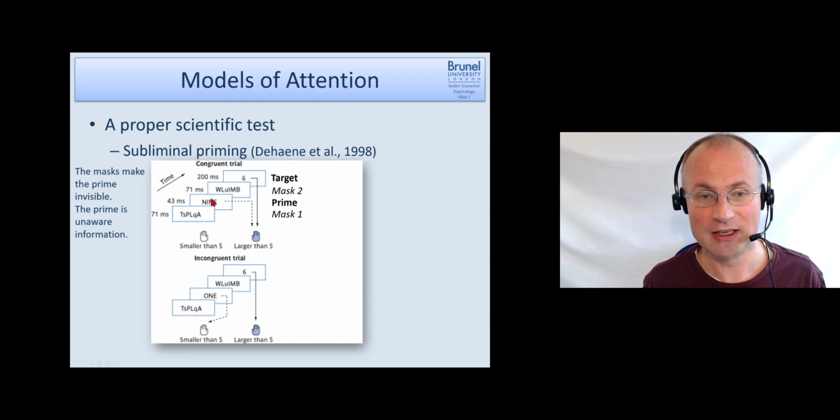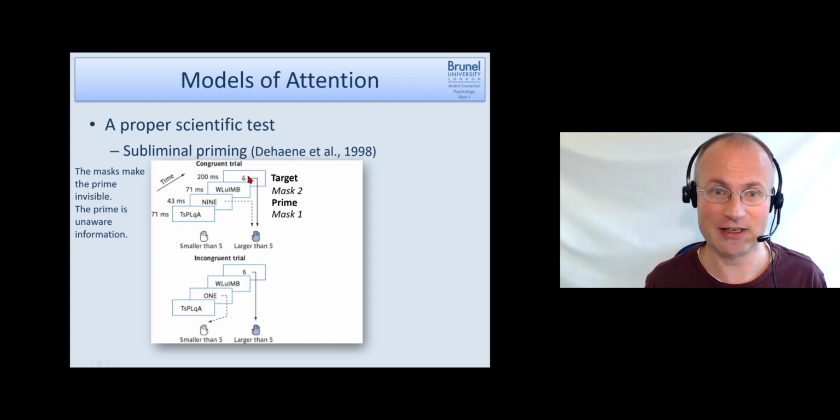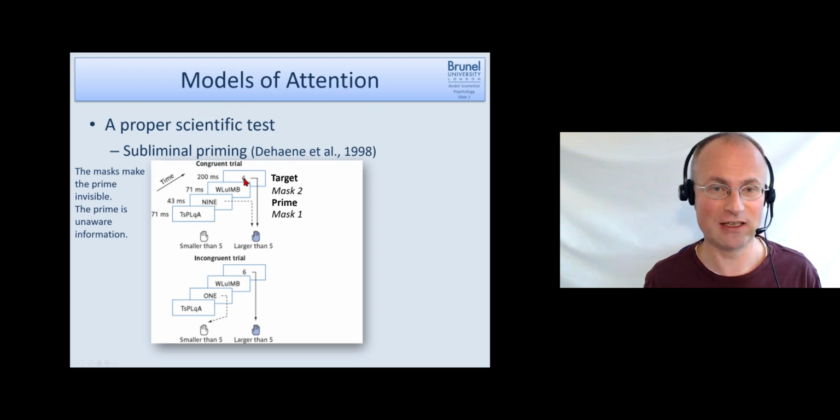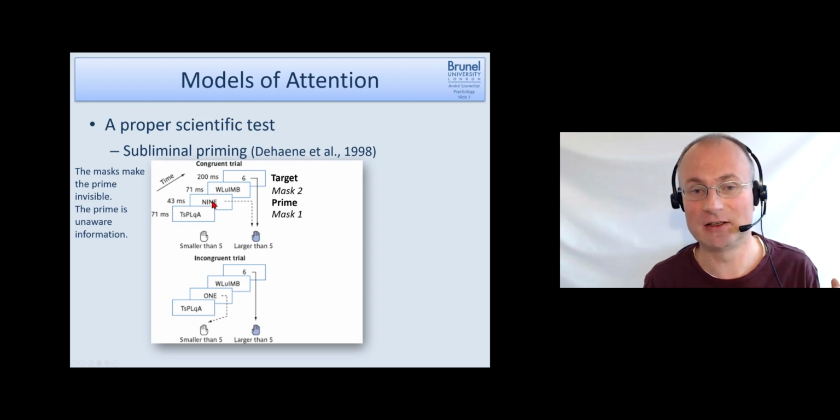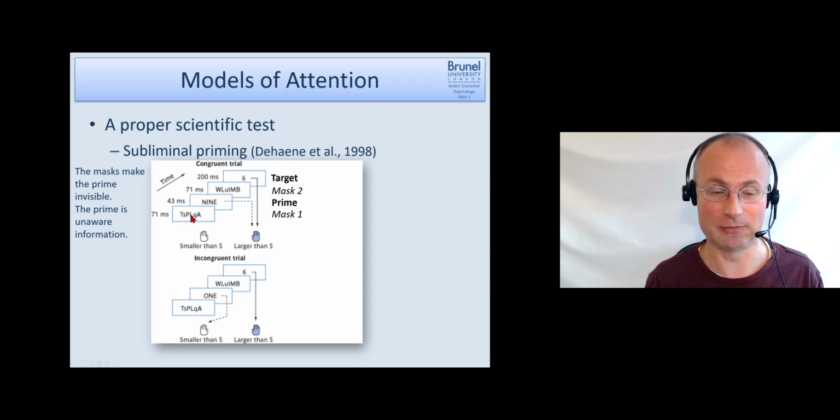And note that here the number is written out as 9, while the target is the number 6. Dehaene used all combinations of this, and this was done to rule out that it's simple perceptual priming. For this to work, they really must process the 9 semantically so that it can prime the target 6 in a different notation.